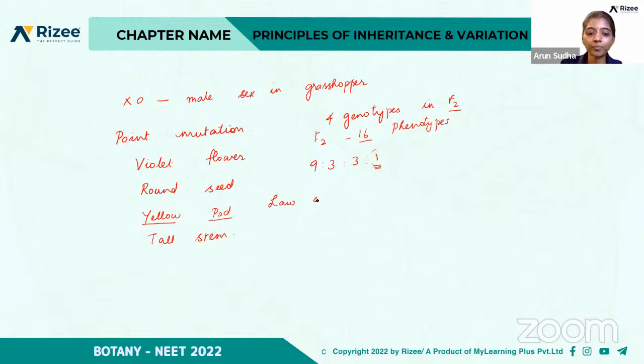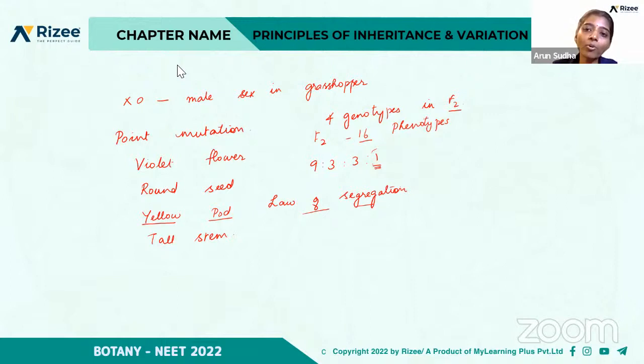Why are we saying law of segregation is the true one? Because the law of dominance is not true for all cases, right? We saw in Mirabilis, that is incomplete dominance, and the law of dominance is not valid in those cases because a particular allele will not be dominant in all the cases.